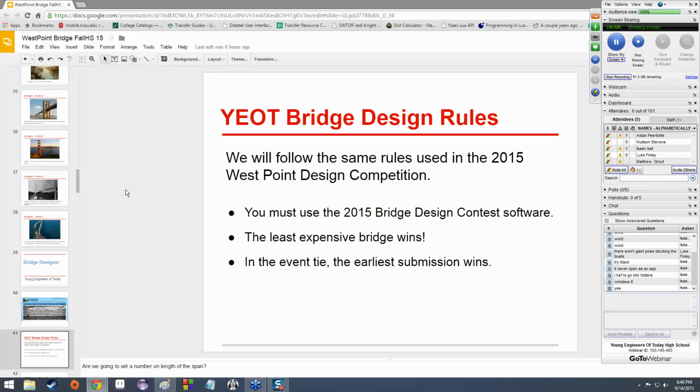In the event of a tie in least expensive bridge, whoever submits their bridge earlier wins. So, fast and cheap, basically. Which is a lot like real life, when you get right down to it.